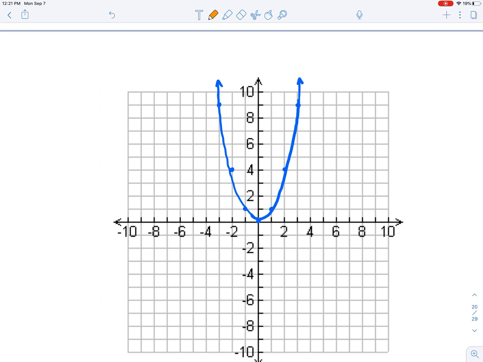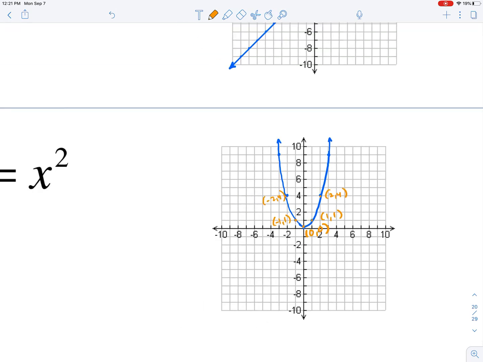And the points that I have plotted on here, I apologize, my curve is a little funky, but I have the point that's at the origin, and then we have 1, 1, negative 1, 1, 2, 4, negative 2, 4, and those are the points that in section 1.3, when we are talking about graphing functions using translations and transformations, and we treat for a quadratic f of x equals x squared as the parent function, those are the points that I think about when I think about transforming and translating.